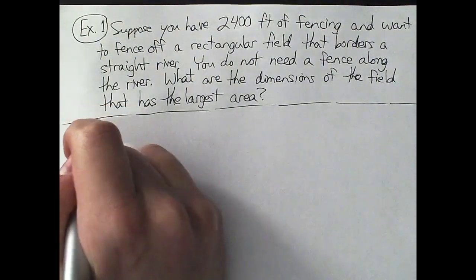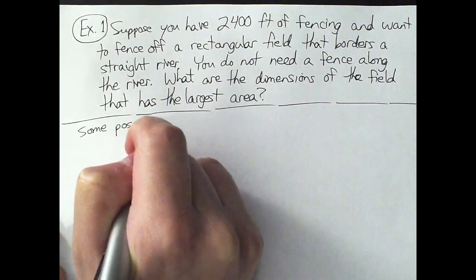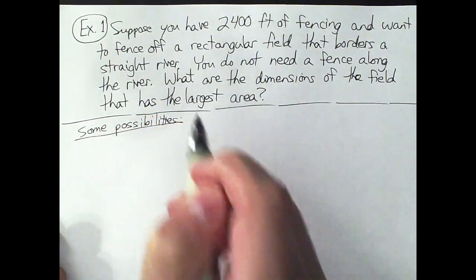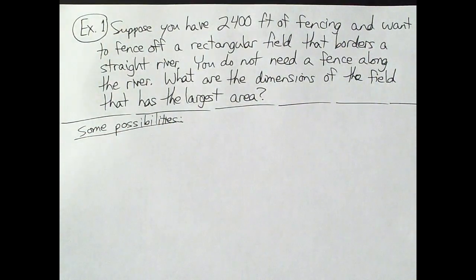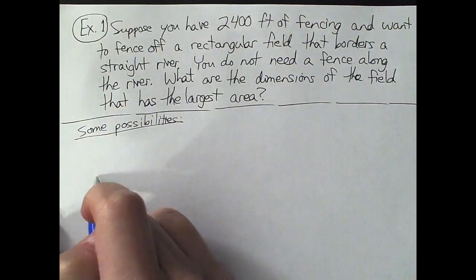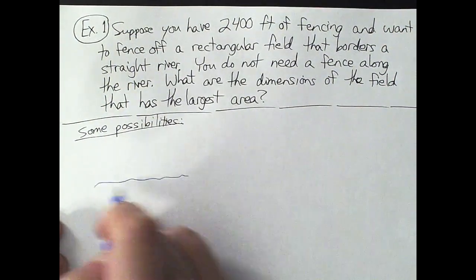So let's first try to picture some possibilities. Let's just brainstorm about this, okay? So I've got a river. Oh, let me get my blue pen for that. All right, the river is straight. I'll make it an approximately straight line, but let's say that's the river, okay?